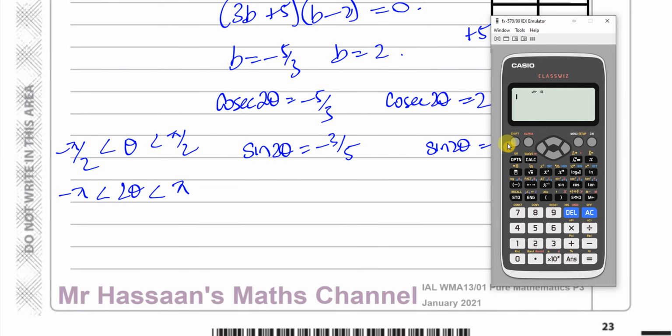So I'm going to say inverse. Now I need to be in what mode? Of course, radian mode. I'm in radian mode, so I'm going to do inverse sine of minus 3 over 5, and that gives me an angle of minus 0.643.